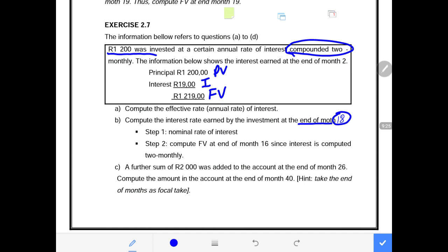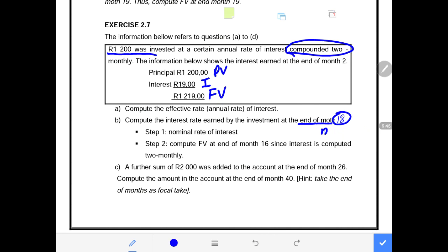So we need to stop at the future value at the end of month 16. Then we add interest that is earned for 2 months, which is month 17 and month 18. Remember, month 17 to month 18 is one period of interest.